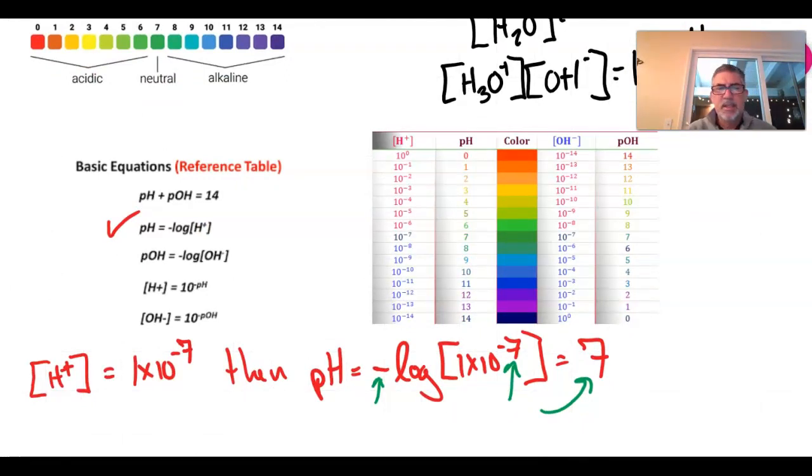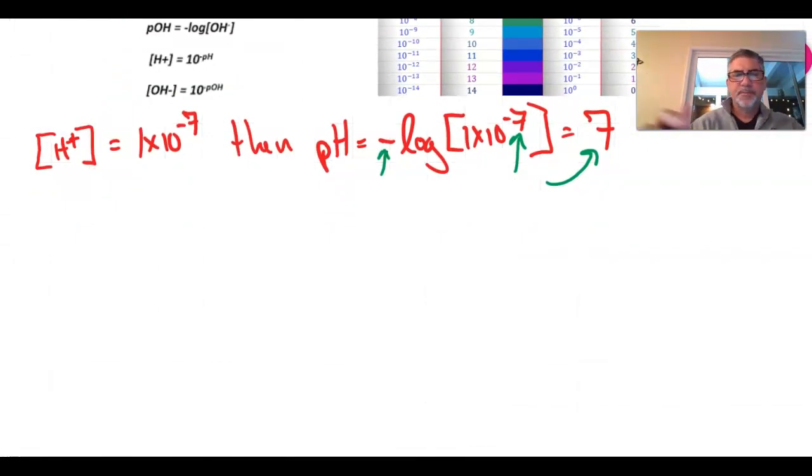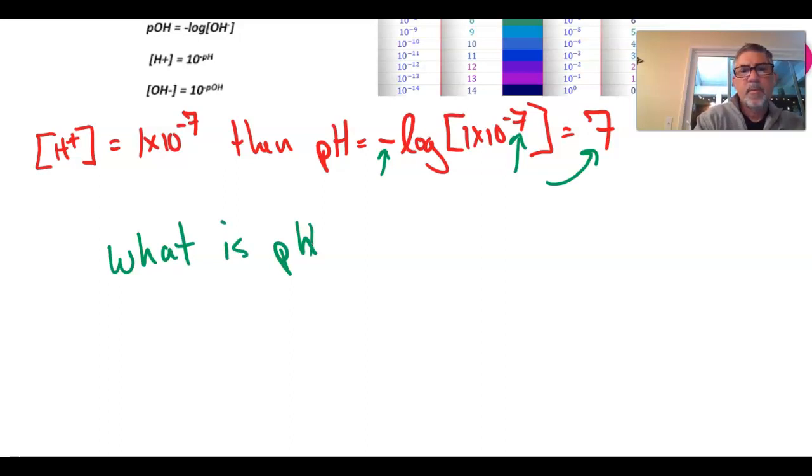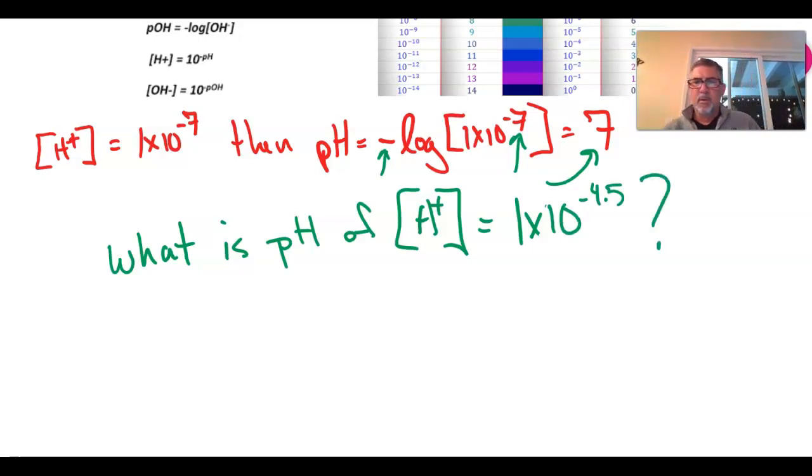So what if pH isn't that simple, right? So if we look here, we'll give you some more pH examples. So if I say what is pH? Right?